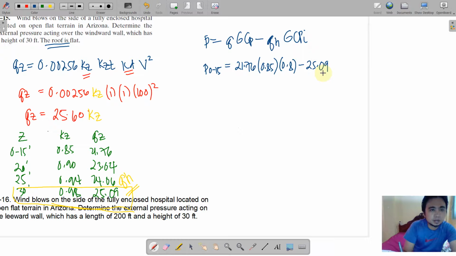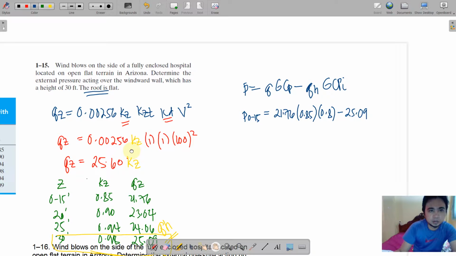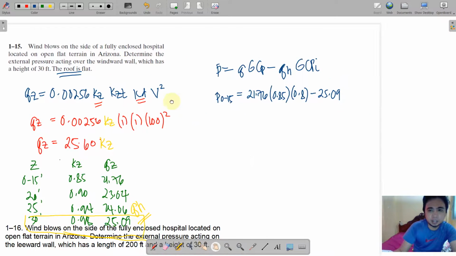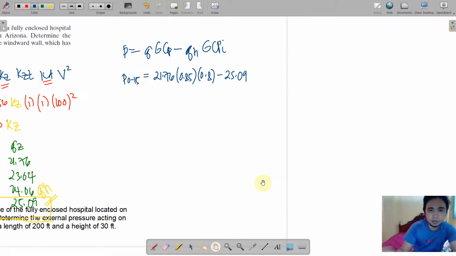Okay? So this is a totally enclosed structure. Fully enclosed hospital. So if it is fully enclosed, your GCPI would be equal to plus or minus 0.18. So let us compute for the values.